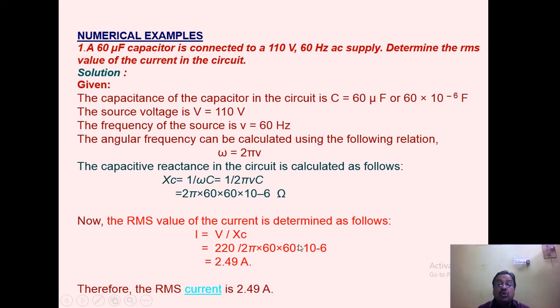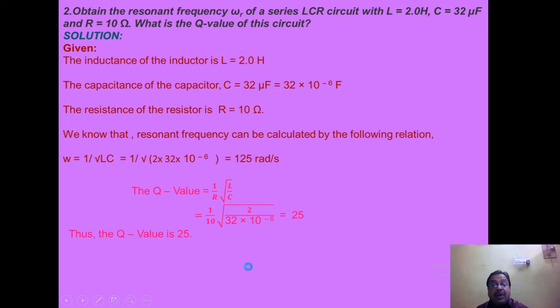What is the root mean square value of current? The RMS value of current I, according to Ohm's law, is V by Xc. V is substituted here, and the calculated value of Xc is substituted here. After simplifying this expression, it turns out to be 2.49 ampere. So the RMS current is calculated as 2.49 ampere.